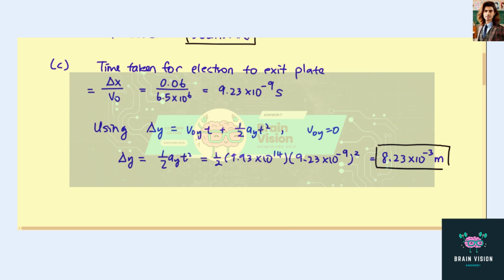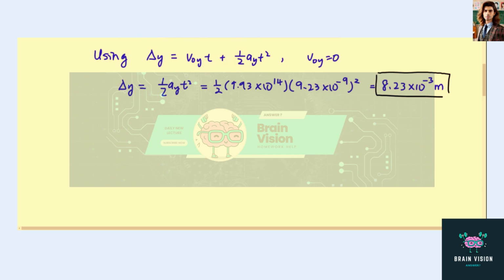Then in part D, we want to find the angle that the particle exits the plate. In this case, we need the vertical velocity at exit.